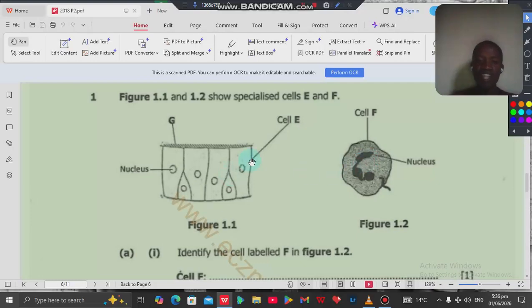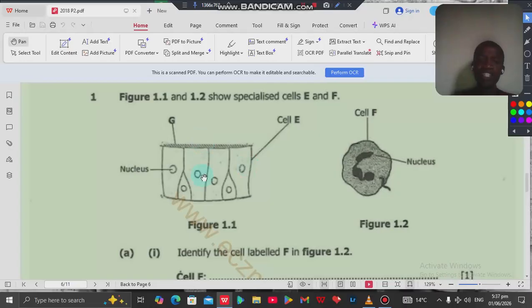And then this other cell is known as a ciliated cell. As we can see on the top here, it has the presence of the cilia. Okay, the function of this cilia is to sweep out the mucus containing dust particles. So this ciliated cell is responsible for sweeping out mucus containing dust particles.